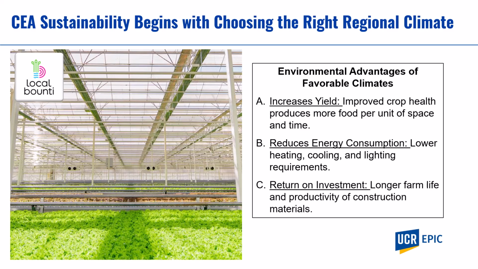And then the other way this is environmentally sustainable is that the farm actually succeeds and gets a return on its investment. So you basically have a longer farm life, and all those construction materials have a longer productivity window.